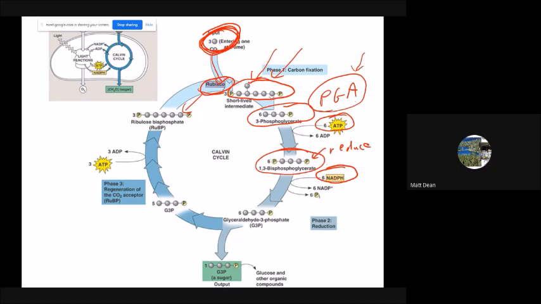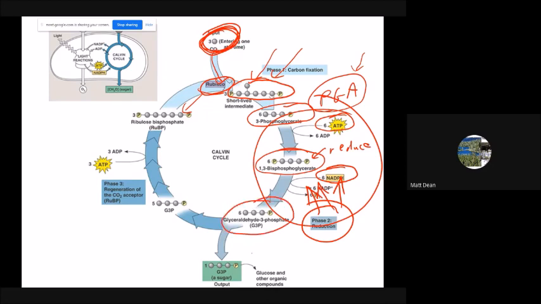So all of this step from here to here, this is called reduction. This is putting the energy into the carbon dioxides, energy that originally came from the light-dependent part of photosynthesis. Once all that's said and done, we end up with molecules called G3P, glyceraldehyde 3-phosphate. I want you to think of this as a 3-carbon, essentially half of a glucose, but now it has energy.